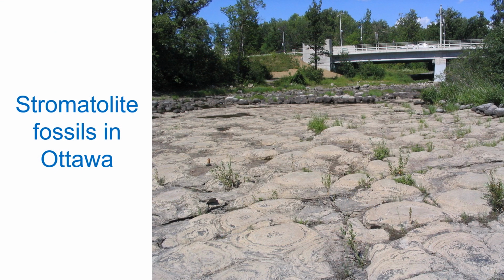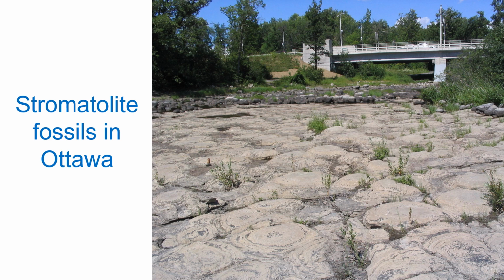We have fossil stromatolites in Canada, especially in Ontario. So if you go up the northern shore of Lake Superior, for instance, you can find fossilized stromatolites. Here you're seeing an image of a dried up creek bed in Ottawa, and you can see stromatolites.